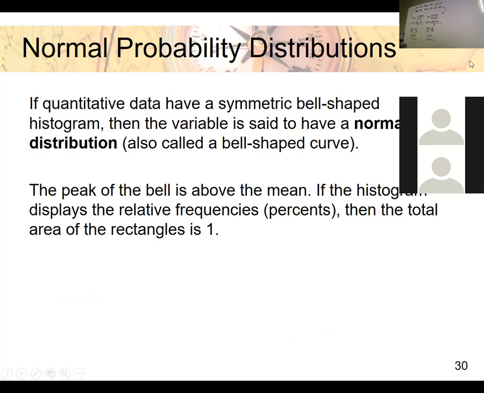Okay. So if quantitative or numerical data have a symmetric bell-shaped histogram, then the variable is said to have a normal distribution, which is a bell-shaped curve. And as you saw in that last slide, the peak of the bell is above the mean. If the histogram displays the relative frequencies or percents, then the total area of those rectangles is 1.